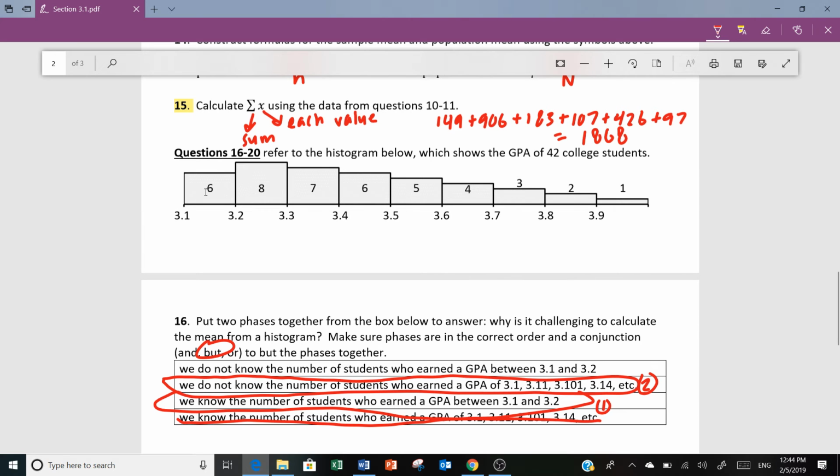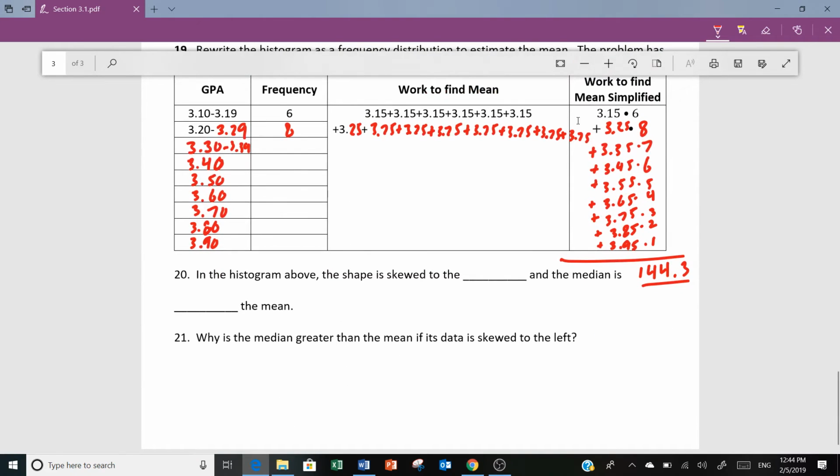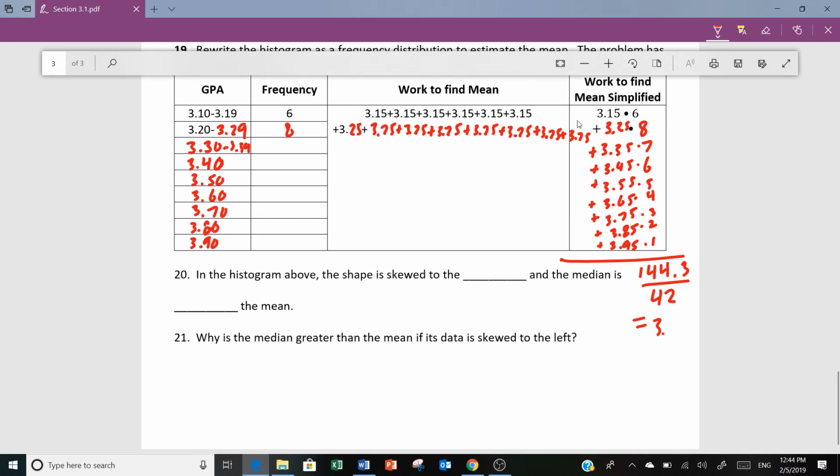You can find that by adding 6, 8, 7, 6, 5, 4, 3, 2, and 1 together, which gives you 42. So when you do that, your final answer for the mean is 3.43. You're right. I should round it to 3.44.